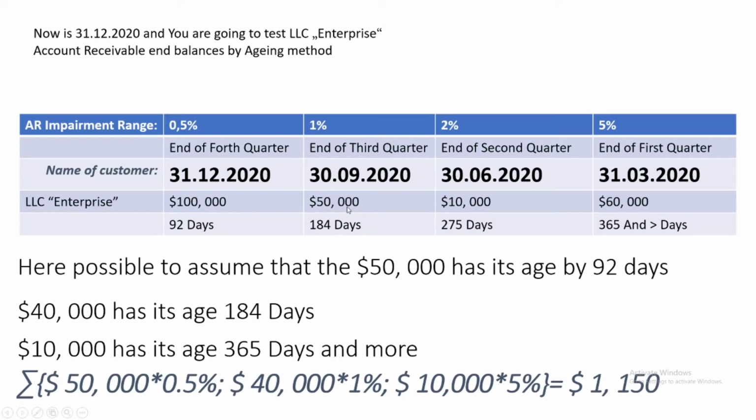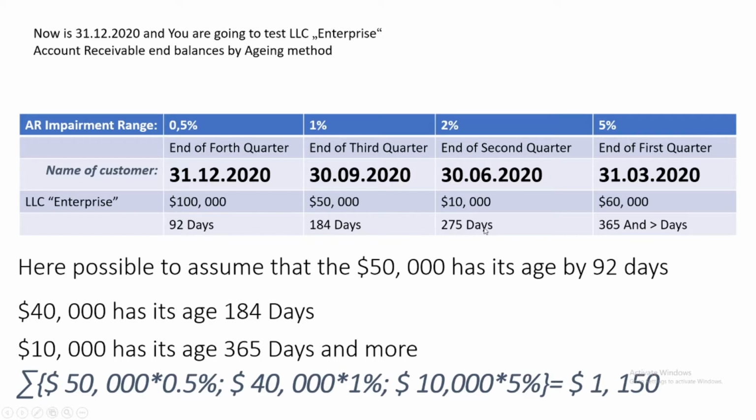The period before that was 10,000, which means 40,000 has aged 184 days, and 10,000 was not closed in previous periods. It means that 10,000 is aged more than 365 days.